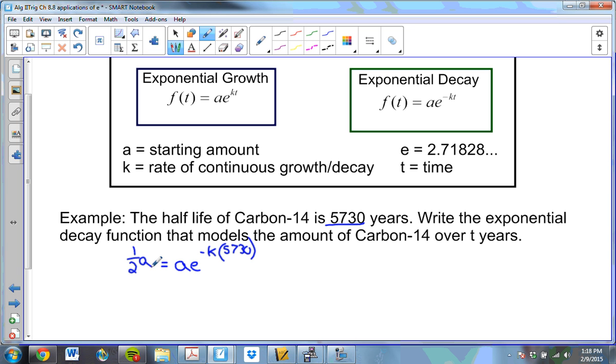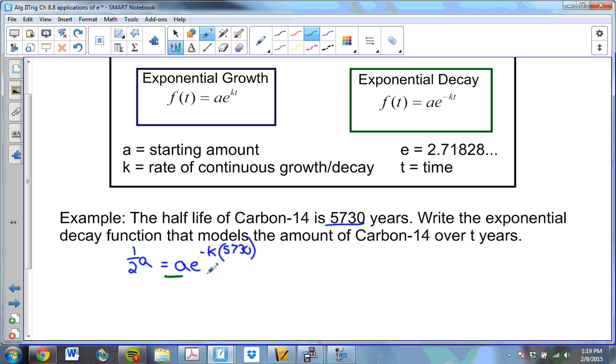And right now, I'm going to solve for this k right here. This seems kind of weird, because it feels like there's 3 variables in this equation. But there's really only 2 variables, because e is a number. This is not a variable. This is a number. And you're going to find that these A's are going to cancel.